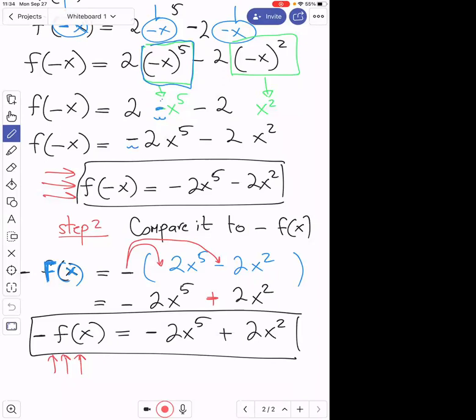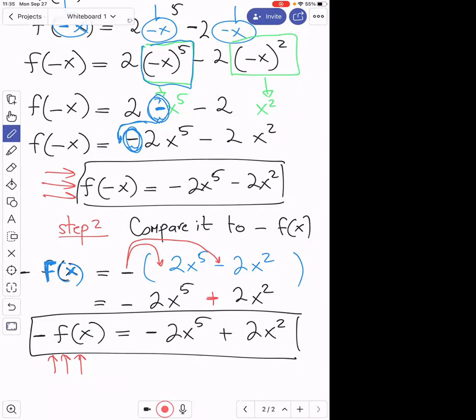So we got this minus right here: minus x power 5. So you need to move the minus to the front. Whenever it's an odd function, if you have an exponent at the beginning of the equation, just move the minus to the front.